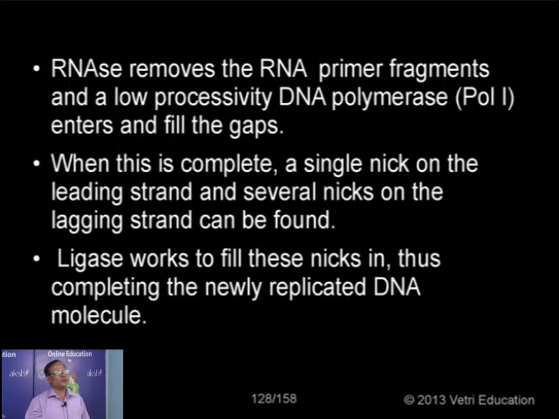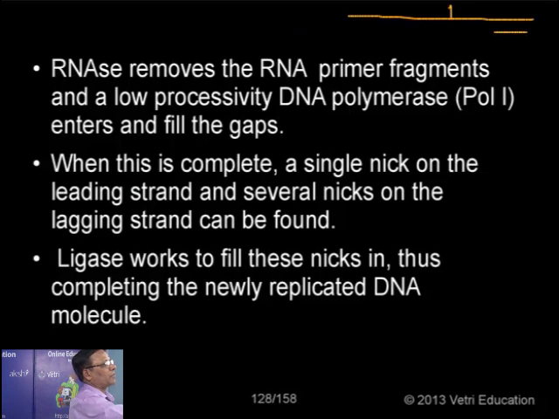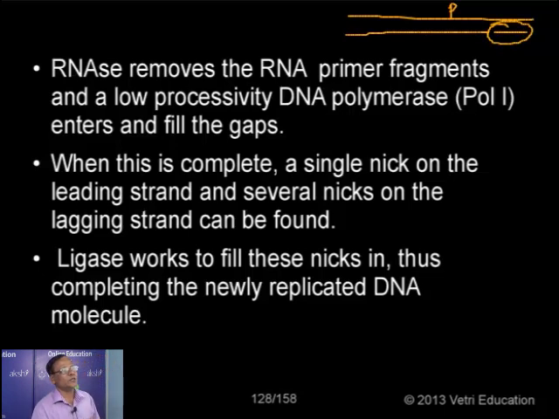Now once the primer is laid down, you know that one. This is the RNA primer, this is the parallel strand, and this is a new strand. I mentioned already, once the polymerase does the polymerization of the nucleotides, what will happen? This RNA primer segment has to be removed.